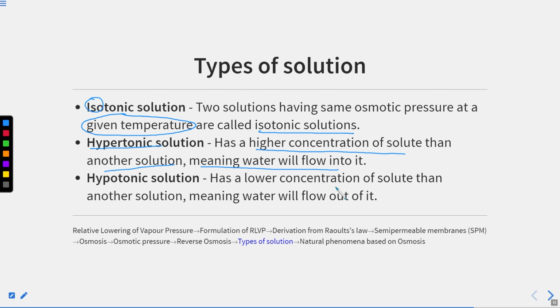If we take a blood cell or any cell and put it in a saline solution or a salt solution, and the concentration of the salt solution is greater than a certain amount, I think it is 0.9%, then the water will move through the semi-permeable membrane, and we will see that our cell is filled with water.